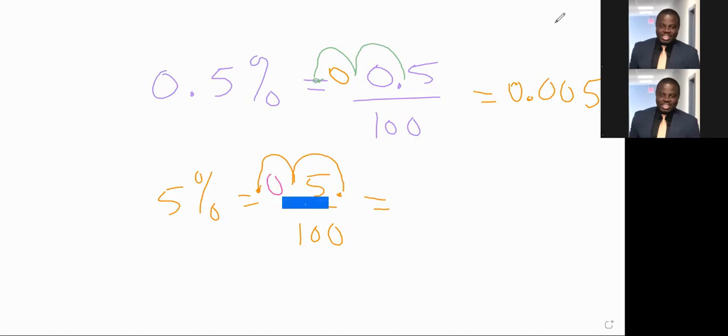I've got 0.05. So 0.5% is not the same as 5%. To get this problem right, you have to follow the rule. 0.5% is 0.5 over 100. 5% is 5 over 100. And then you continue to convert it to a decimal, okay?